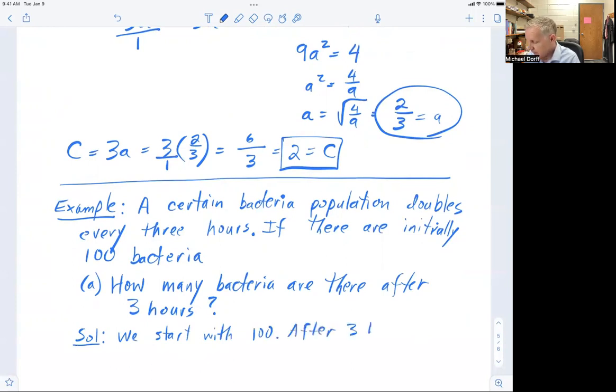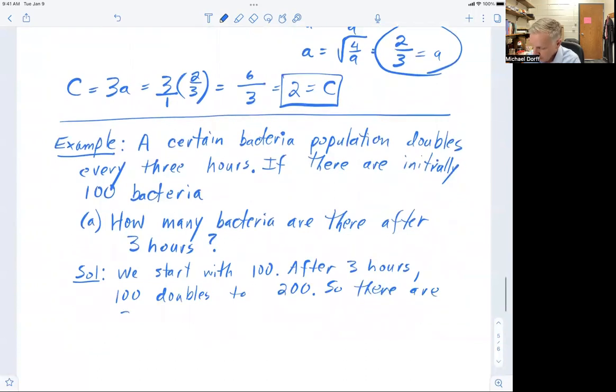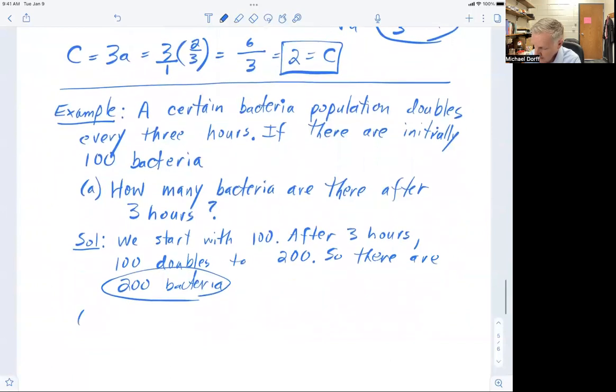So after 3 hours, 100 doubles to 200. So there are 200 bacteria. All right. So let me ask you this one. Well, how many bacteria would there be after 6 hours?